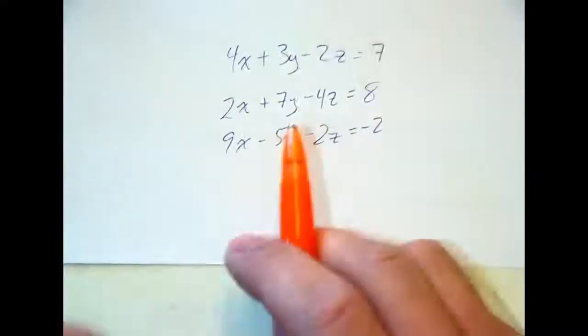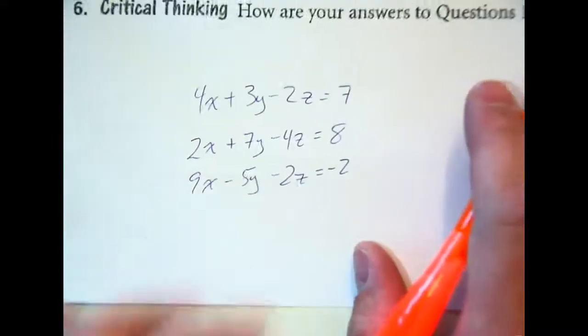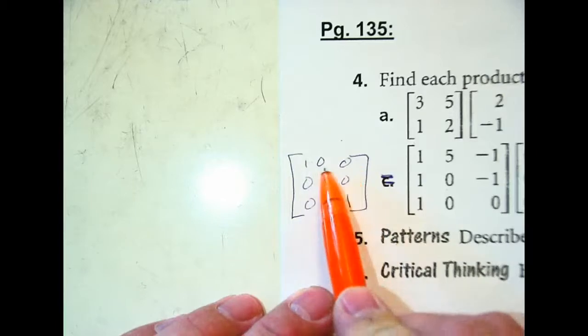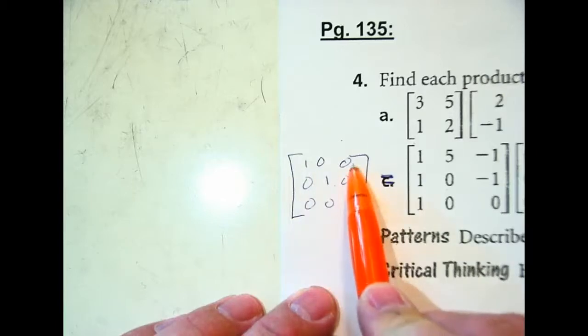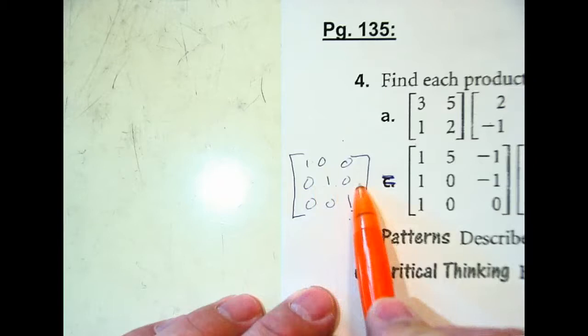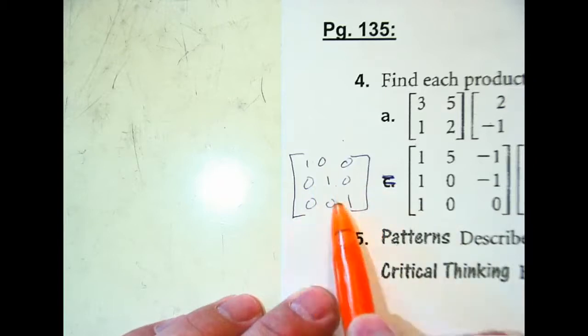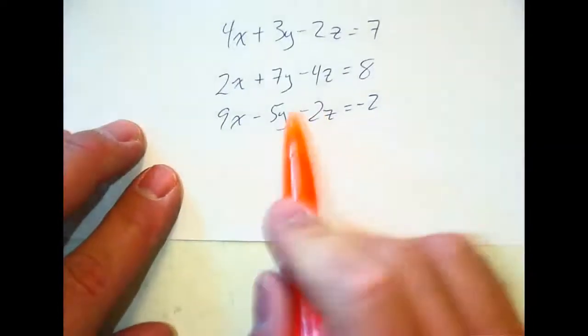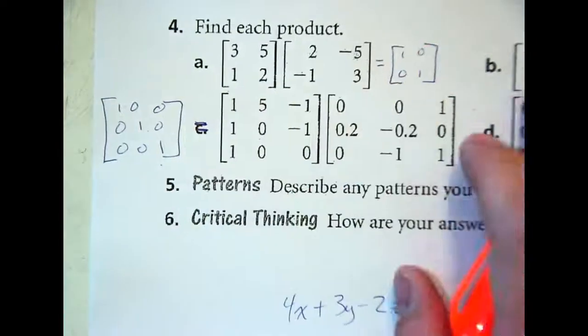You're going to do reduced row echelon form, and the goal is to get down to this matrix right here. Because what this matrix says is 1x plus 0y plus 0z, and 0x plus 1y plus 0z, and 0x plus 0y plus 1z. You like this matrix. It'll help you solve this very quickly. But you have to know how to work these, and that's what we're learning today.